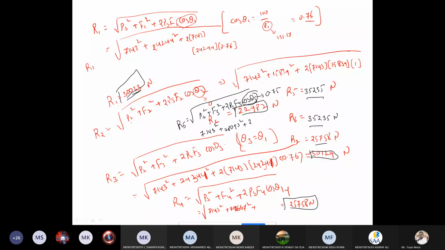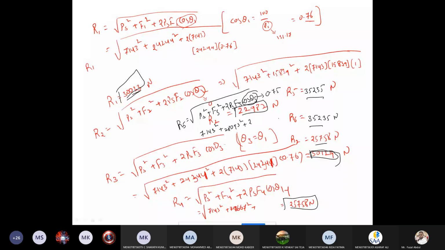Here is R1, this is R2, R3, R4, R5, R6, R7. Among the R values, which one is the maximum?